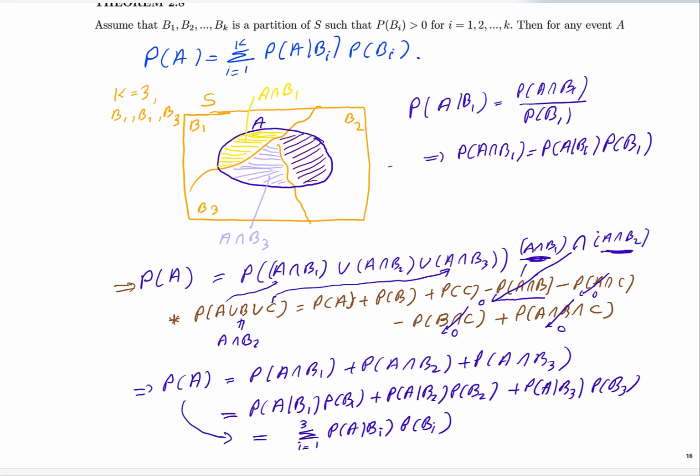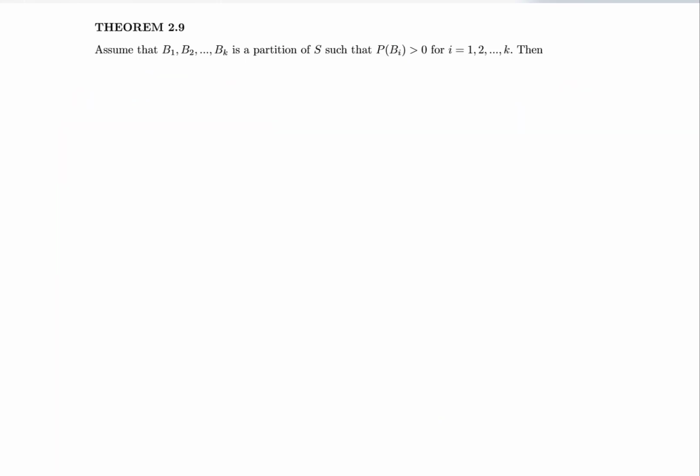So actually, I proved the theorem for the 3 sets. But this is not the general case. For the proof of the general case, please go to the theorem in the textbook. Alright, theorem 2.9. Assume that B1, B2, ..., Bk is a partition of S such that P(Bi) is greater than 0 for i equal 1 to k.